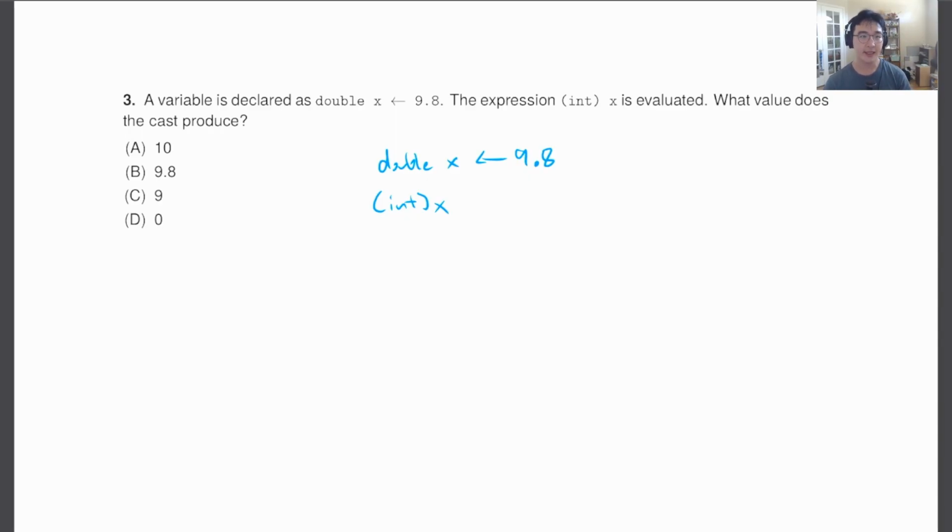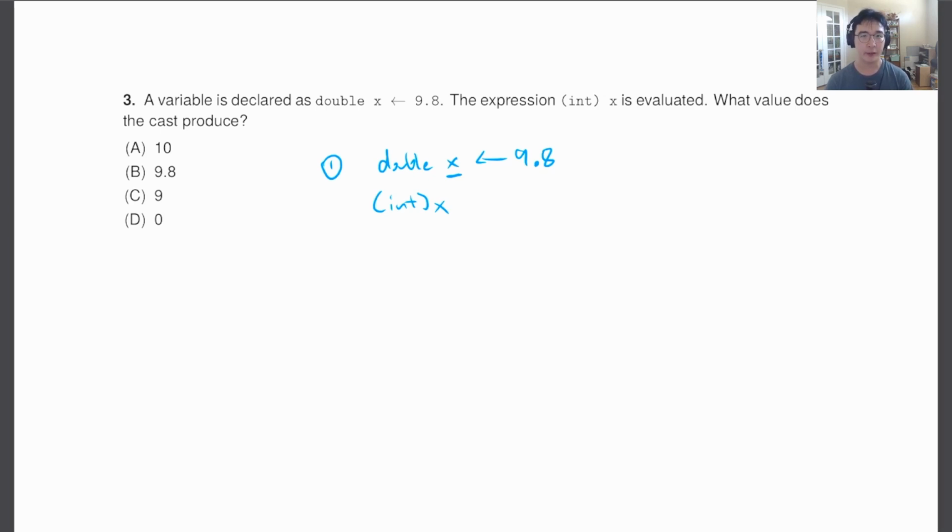All right, so what exactly is happening? Let's look at the first line of code. On the left-hand side, you're creating a variable called x, and you're saying, hey, this is going to hold a double value. You might also know of double values as floats.